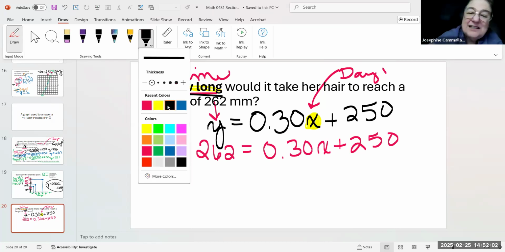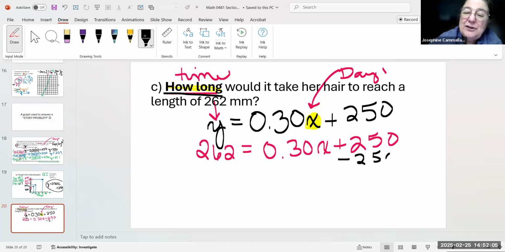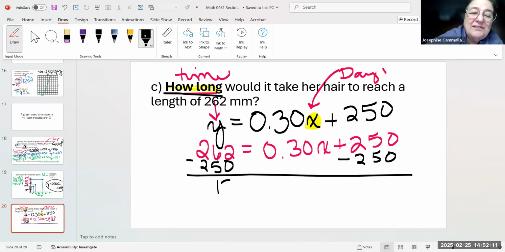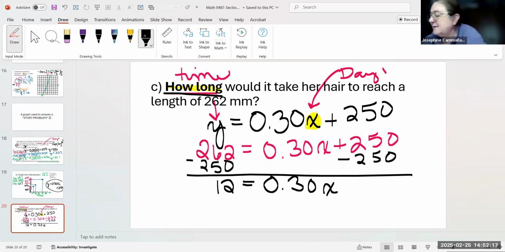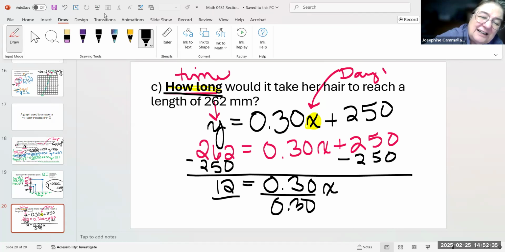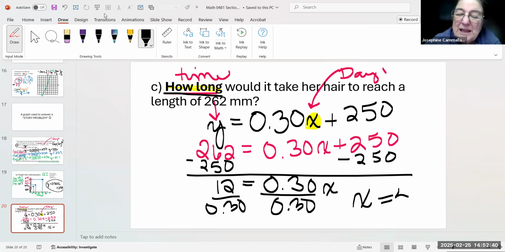If I subtract 250 from both sides, I get 12 is equal to 0.30x. Okay. Well, when I divide by 0.30, do you realize that x is going to be 40 days?